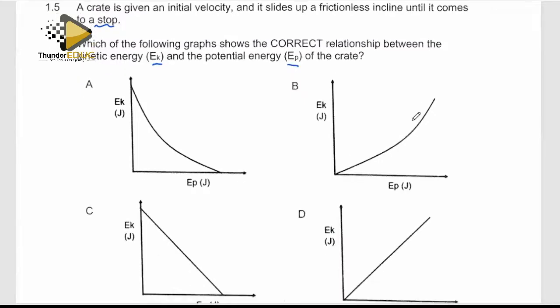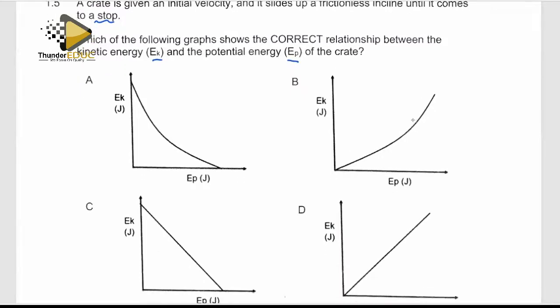So we know that when the crate is sliding up, the moment it stops, at that point, the EK is going to be 0. So in other words, with the graphs that we're looking at, we should be focusing on the EK being 0 at the end of the graph. So B is out, D is also out.